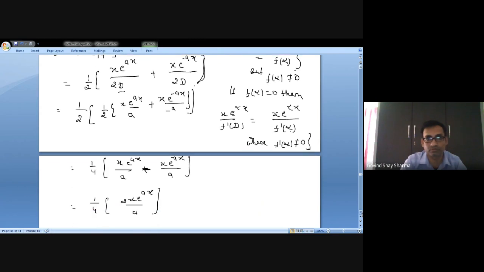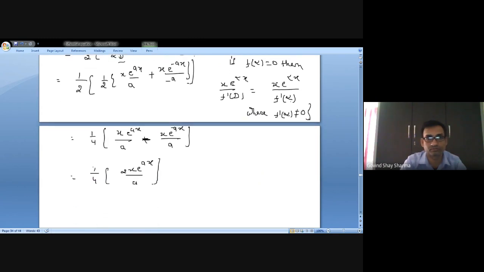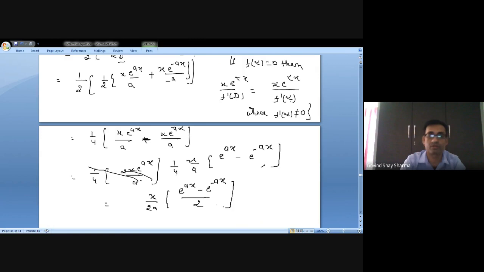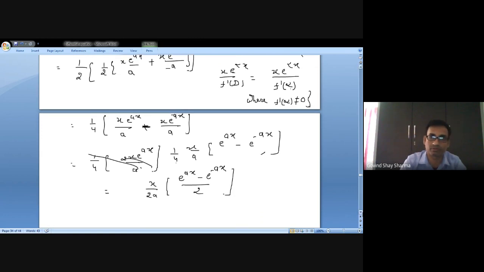Okay, so it becomes 1 by 4 x upon a, we take common e to the power ax minus e to the power minus ax. Now we can write this as x upon 2a (e to the power ax minus e to the power minus ax) upon 2.